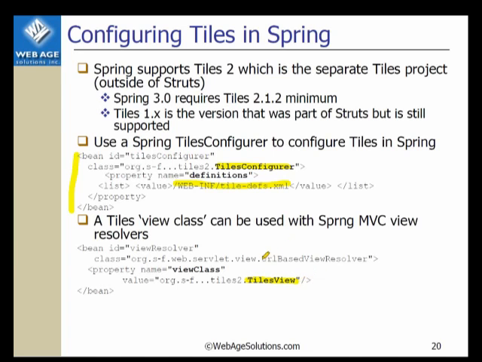So this is a standard Spring MVC view resolver, just switching the implementation of the view itself a little bit to pull this stuff from Tiles. If you give me back the view name, add, edit, purchase, or whatever, I'm going to look in that definition file, look for that same name, and that's going to be my view. I'm going to assemble that view from the content of the Tiles definition.